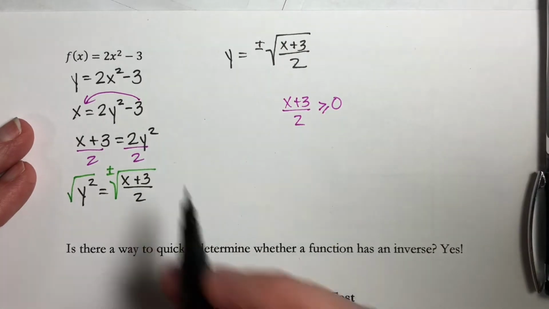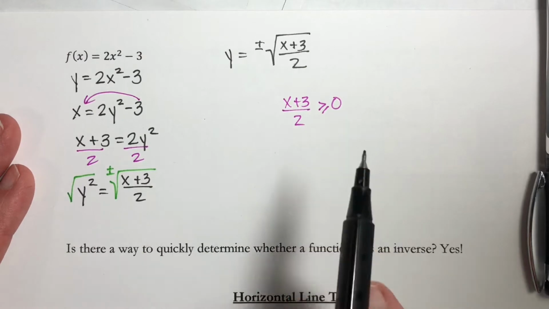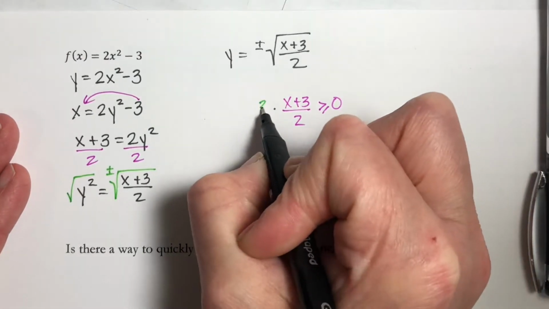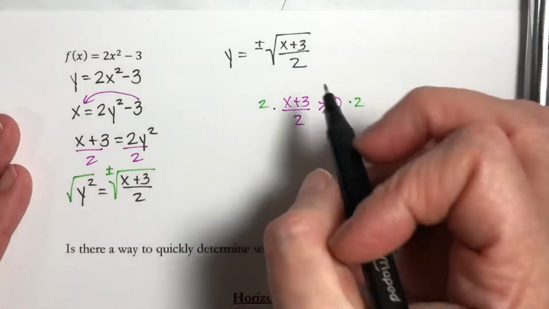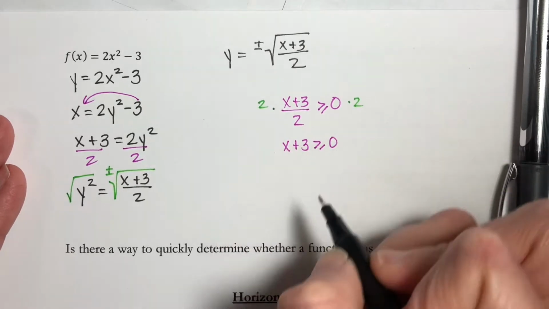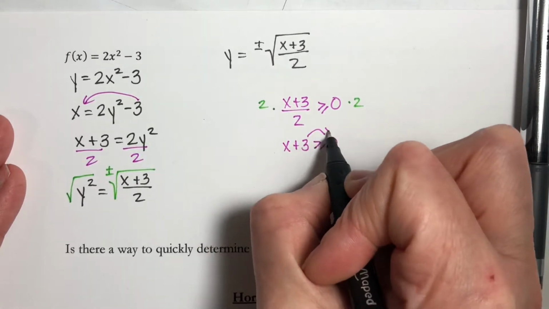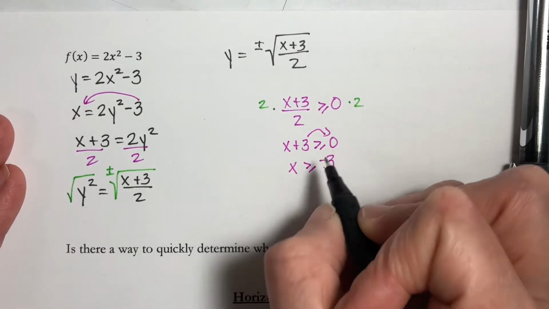Because we're not allowed to take the square root of a negative number, we are allowed to take the square root of 0. I'm going to multiply both sides by 2, and of course 0 times 2 just goes away. So I have x plus 3 is greater than or equal to 0. Move the 3 over here. x is greater than or equal to negative 3.